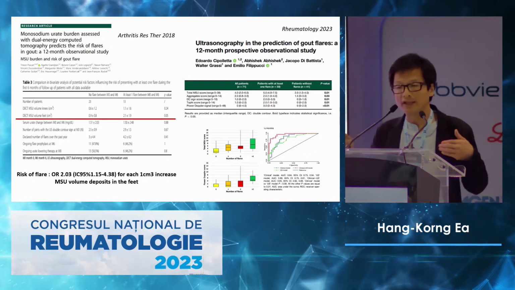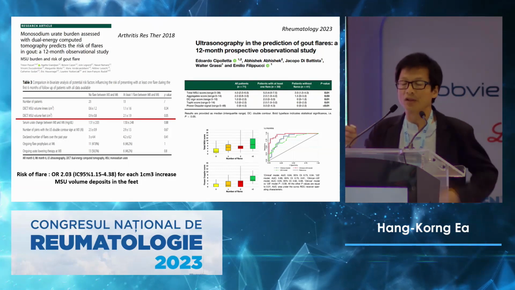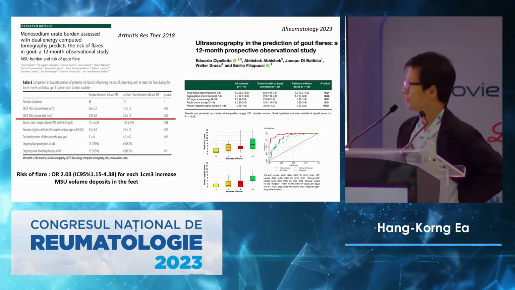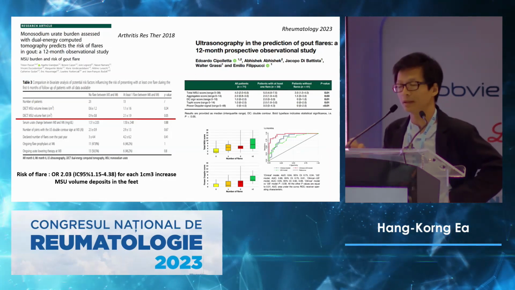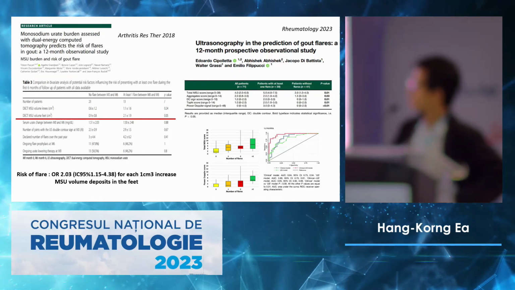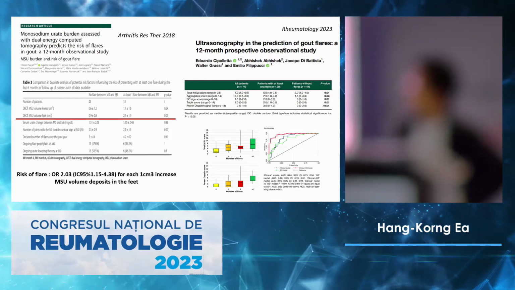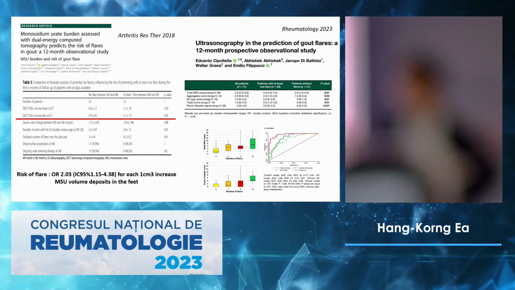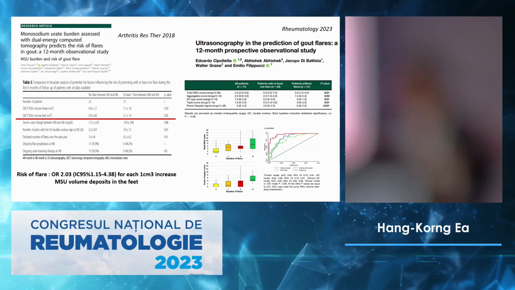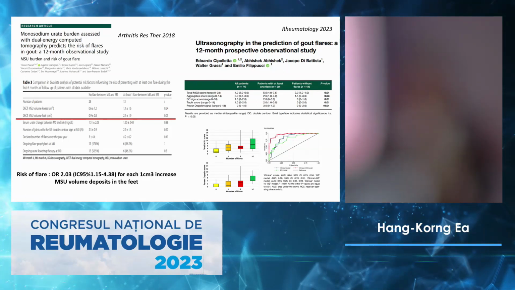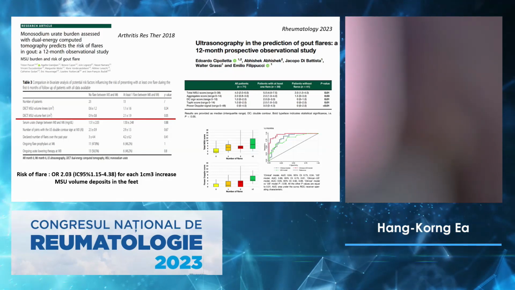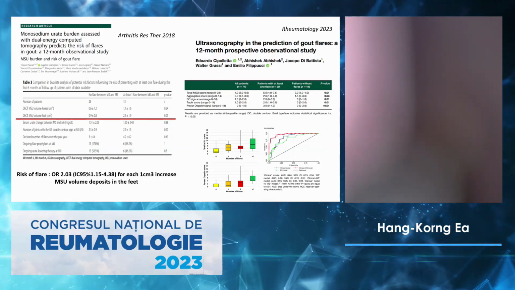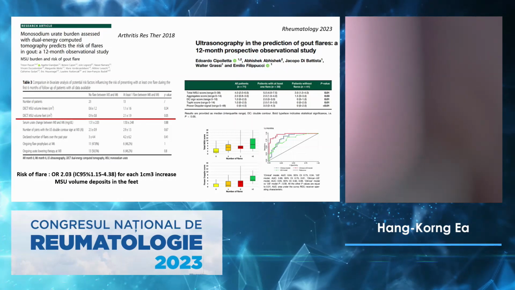We know that the presence of the tophus is associated with flare. This is evidenced by a lot of work. I just show you this one from one of my friends and colleagues, Tristan Pascart from Lille in France, who showed that the volume of the tophus assessed by DECT is one of the risk factors associated with flare.